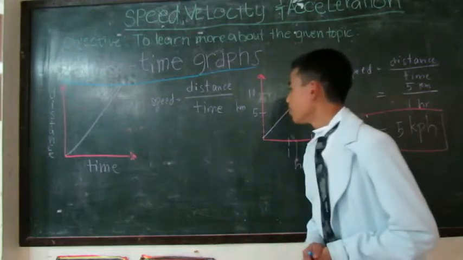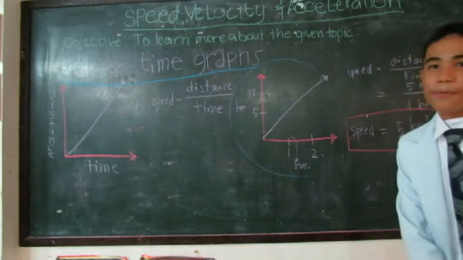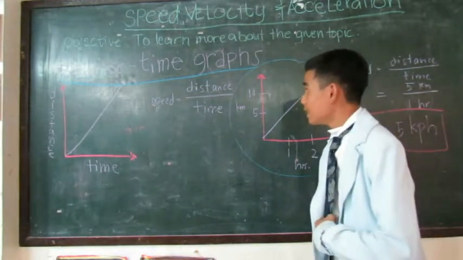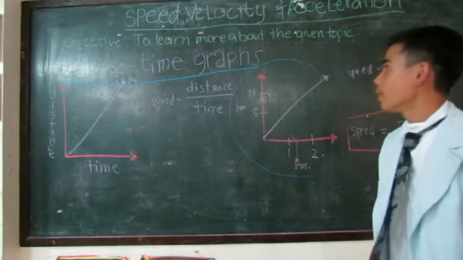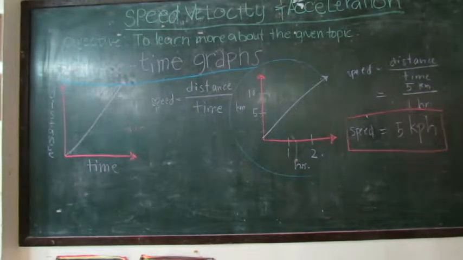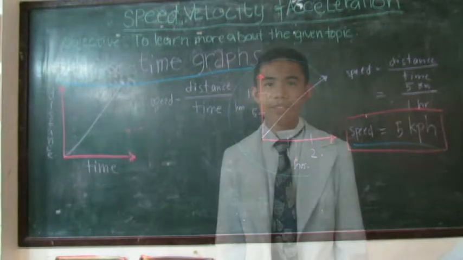So one example is this graph. So we take 5 kilometers as distance and 1 hour for time. So speed is equals to distance over time. Speed is equals to 5 kilometers over 1 hour. Then the answer is speed is equals to 5 kilometers per hour.